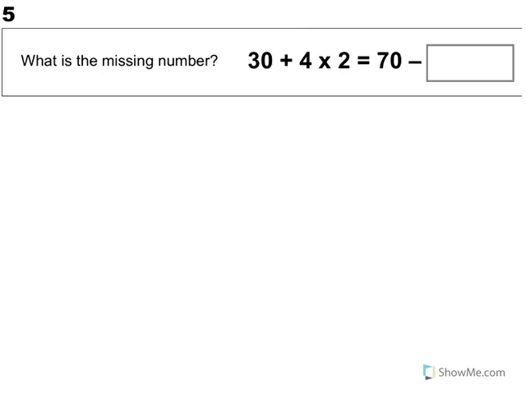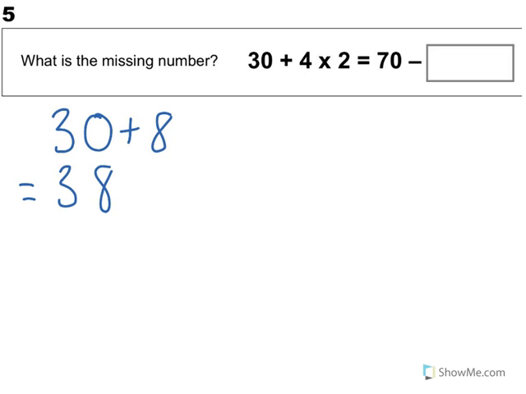Alright, moving on to question 5. We need to do this side first so we can figure out how to work out the other side. Working first with the left-hand side, hopefully you know your order of operations and that you need to do 4 times 2 first. So that becomes 30 plus 8, because 4 times 2 is 8, which is 38.